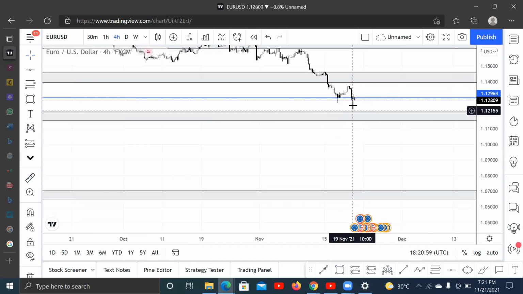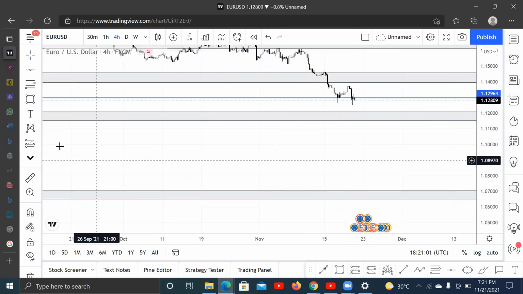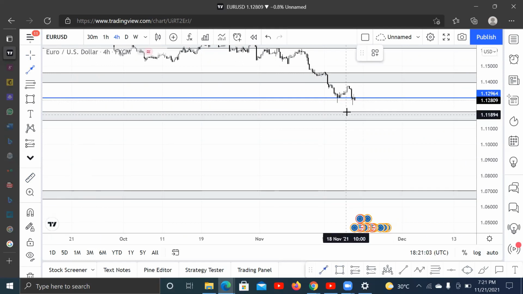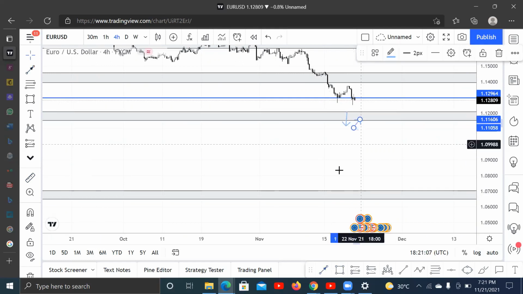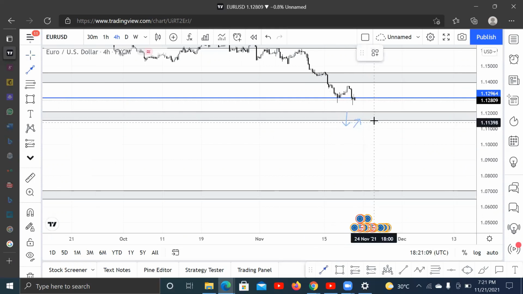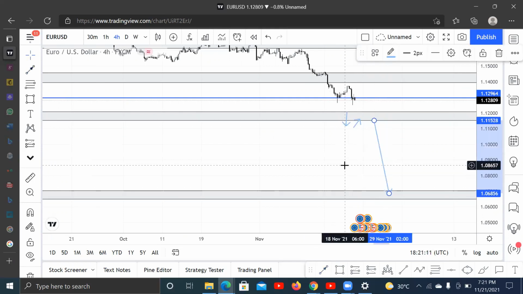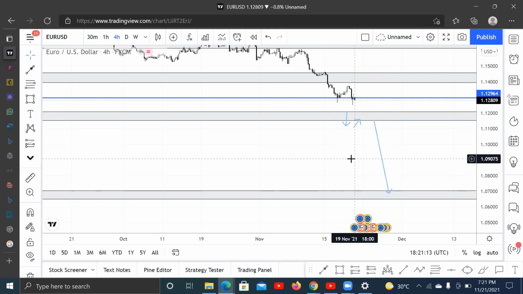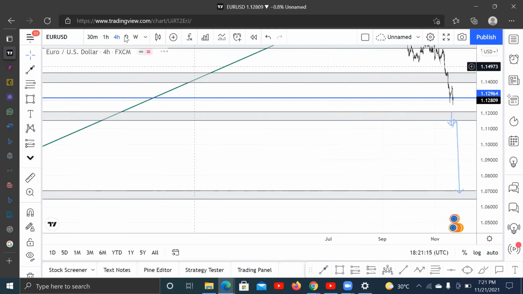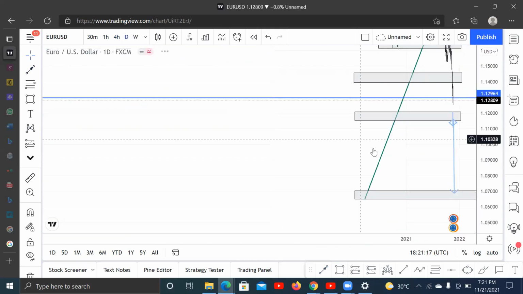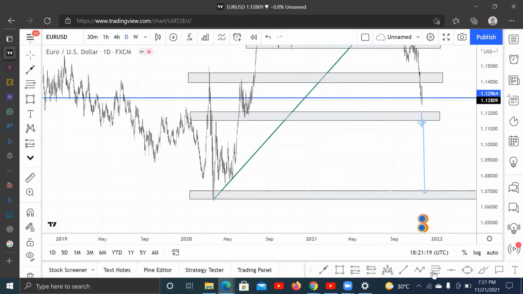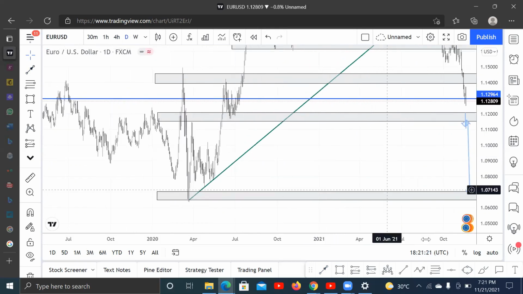But as usual, if price breaks this level on EU, then the break, retest, then we see a drop to 1.0700. But bear in mind, while you are doing your analysis, always look left, because you can see different things happening here.